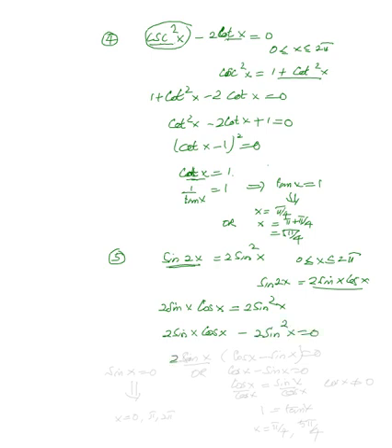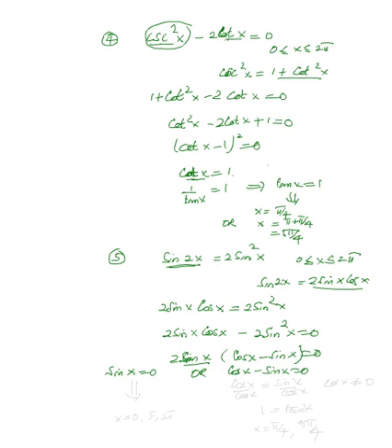So if I take a common factor, which is 2 sine x, I will have cosine of x minus sine of x equals 0. So from here we could write either sine of x is 0 or cosine of x minus sine x equals 0.